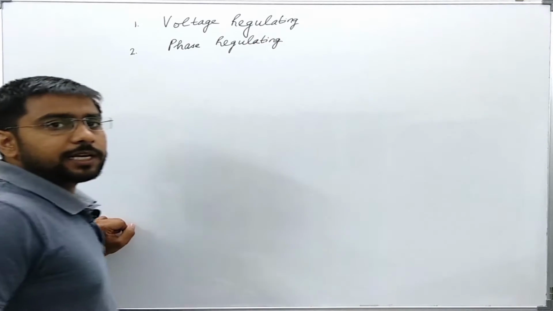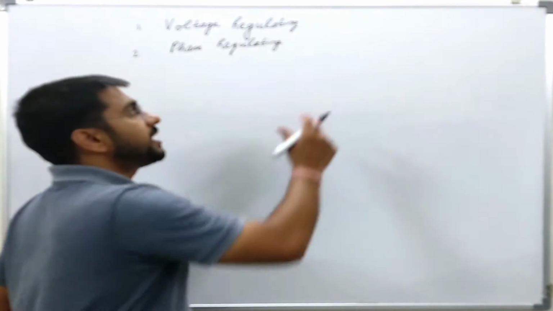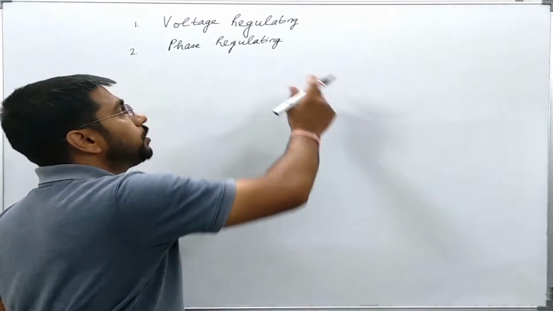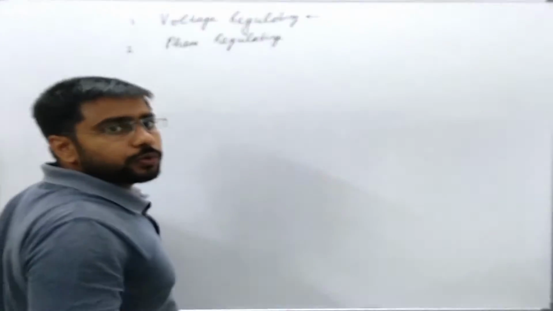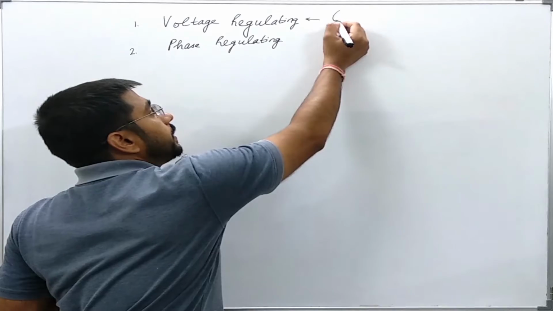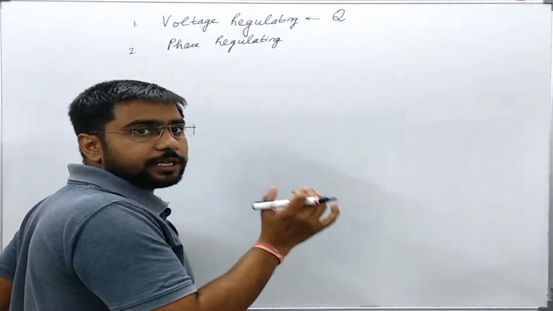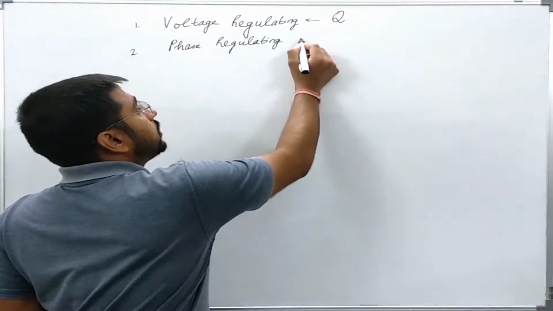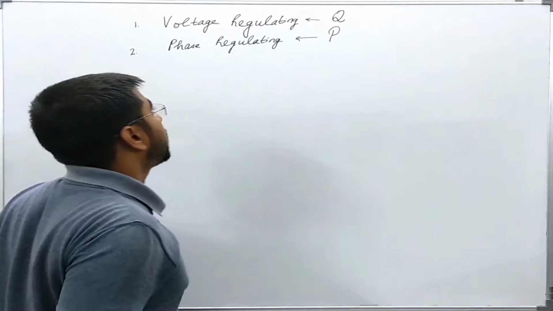As we have seen, the reactive power usually depends upon the voltage magnitude, so this kind of transformer is usually used to control the reactive power. And we have also seen that the phase angle usually changes the active power, so this transformer is usually used to control the active power.